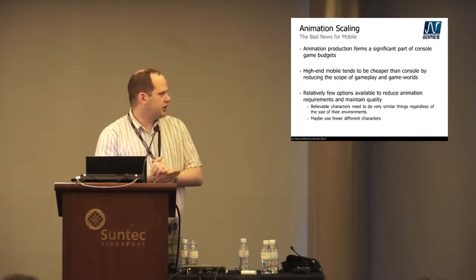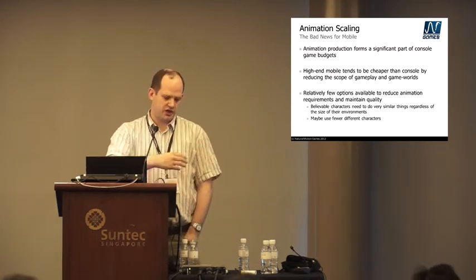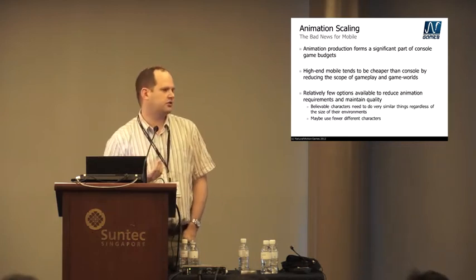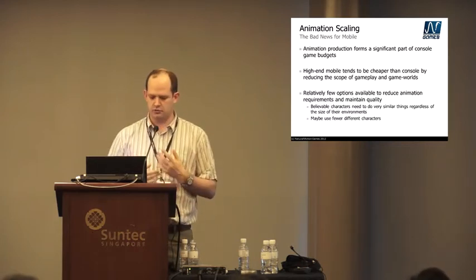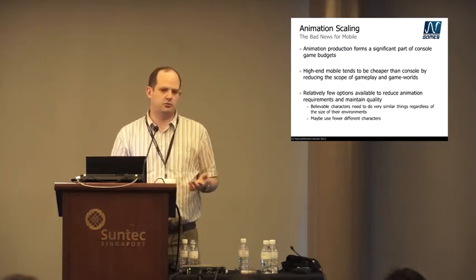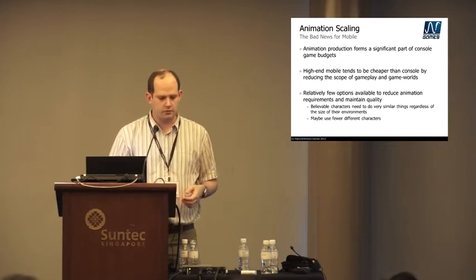And the bad news really for mobile is that the scaling effects you see as you scale down from console to high-end mobile titles don't necessarily apply in the same way as you might expect. Animation production is generally a pretty substantial part of the production budget for a AAA title.